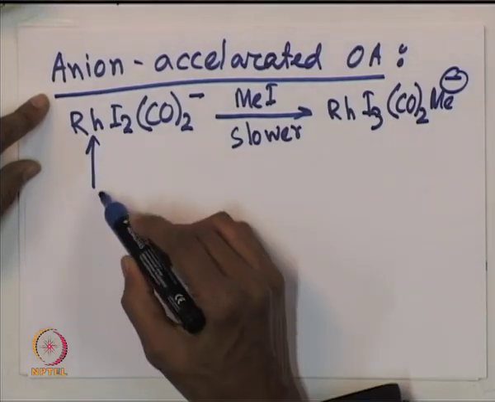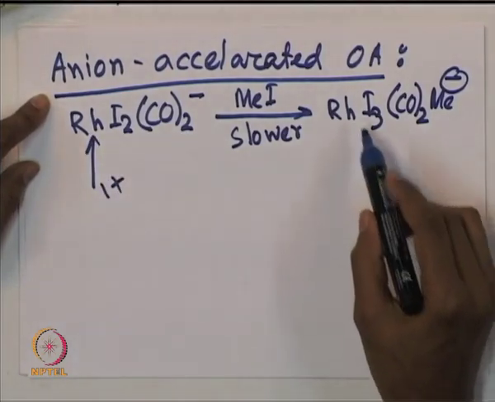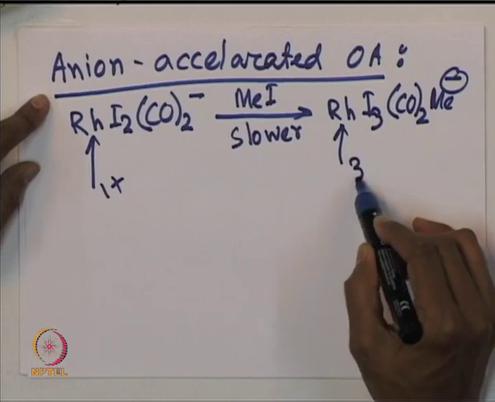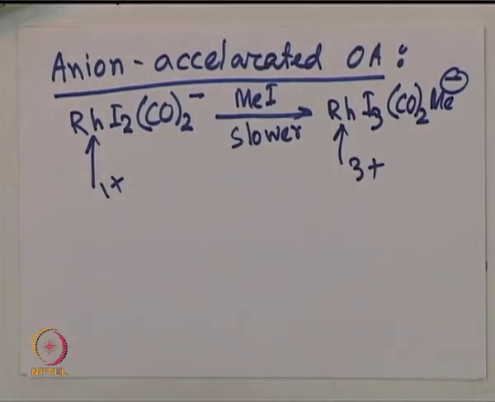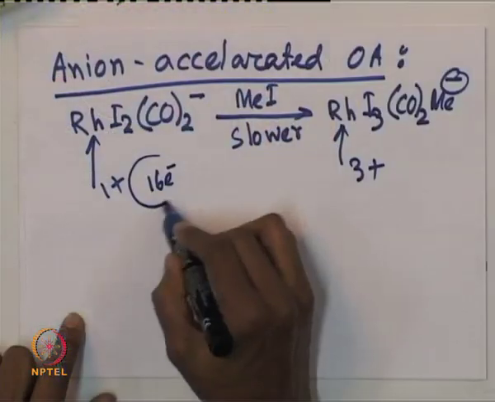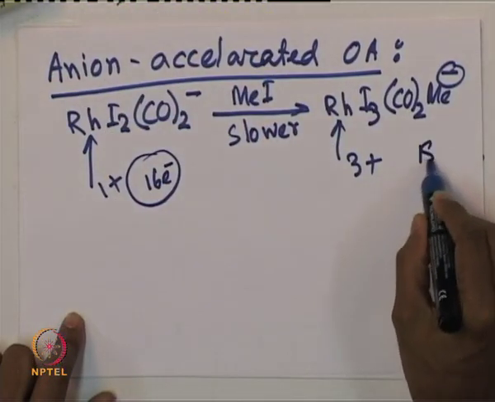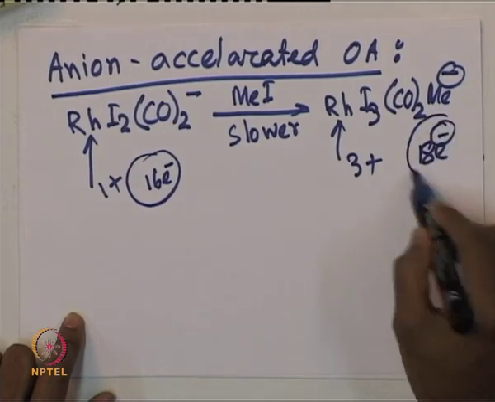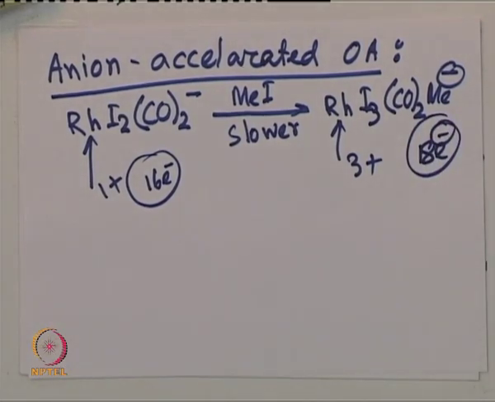The starting complex, rhodium, is 1 plus, and the final complex will have 3 plus. The starting complex is a 16 electron complex, and the final complex is going to be an 18 electron complex. Now, this is a slow reaction, indeed a very slow reaction.